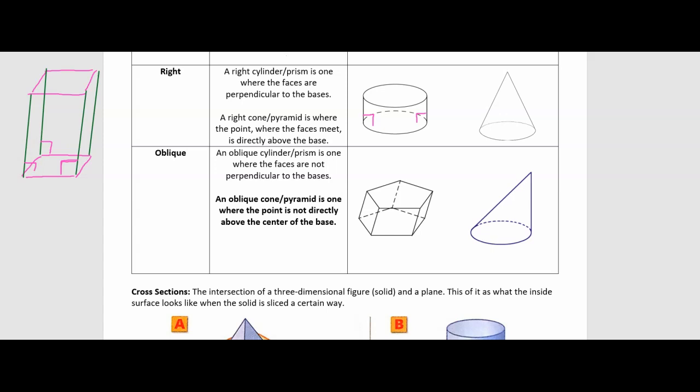It's a little different for a cone and pyramid. You're not going to get right angles between the faces or the sides and the base, because all of those segments in the cone are going up to one point, so they're not going to form right angles. It's possible that some of them did. I know I'm going off on a little bit of a tangent here, but let's say our cone looked like this, and our point was right here.